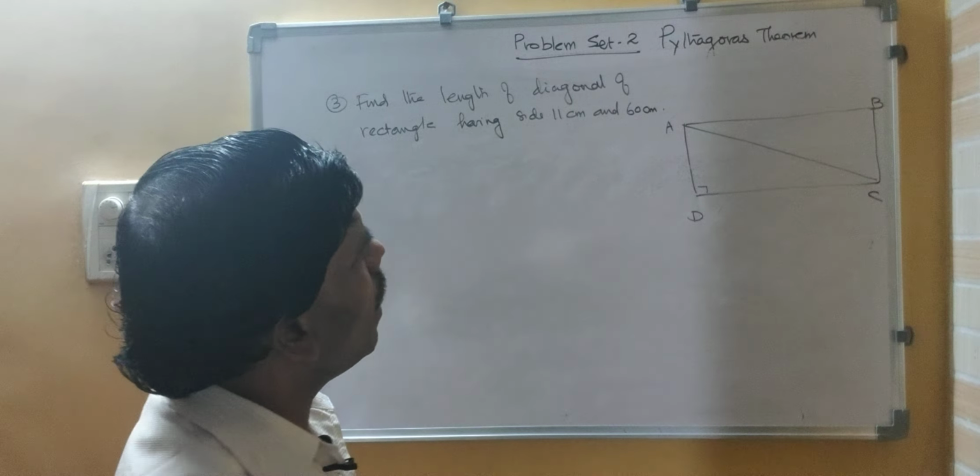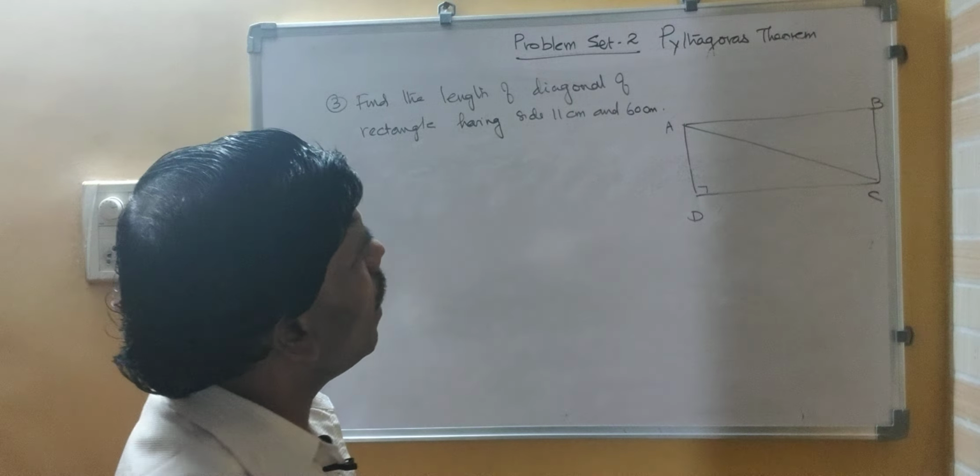Let triangle ABC be a right angled triangle. Now angle B equal to 90 degree, AB equal to 9 centimeter, BC equal to 12 centimeter. Therefore, in triangle ABC, angle ABC is 90 degree.